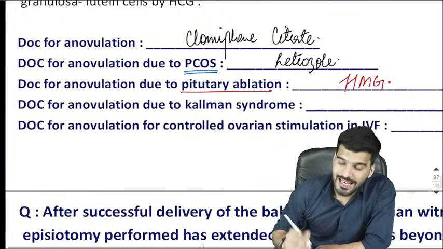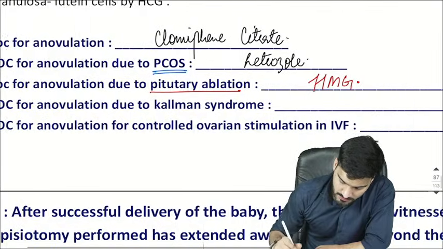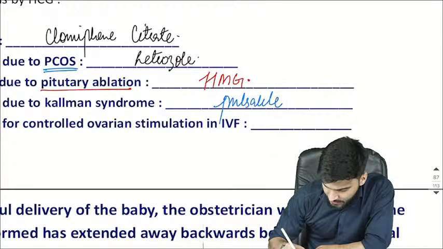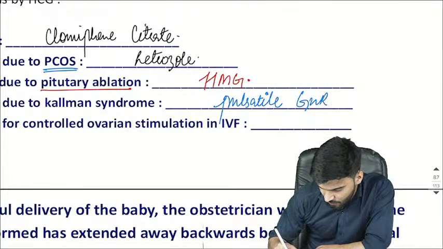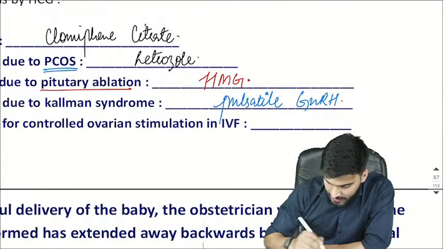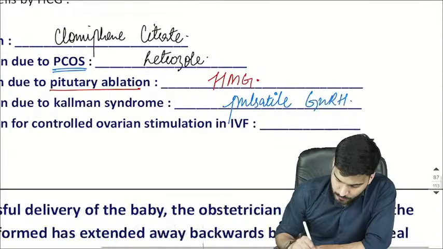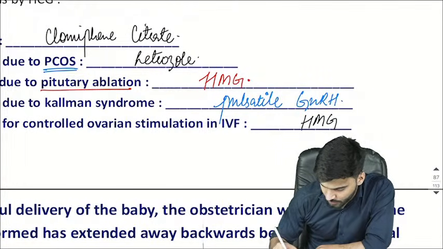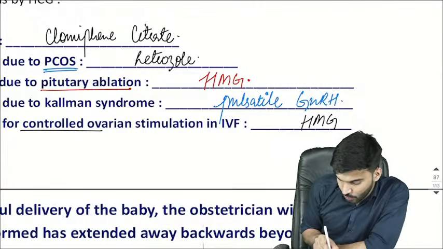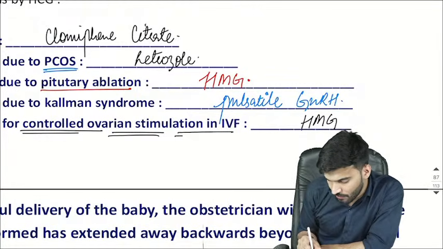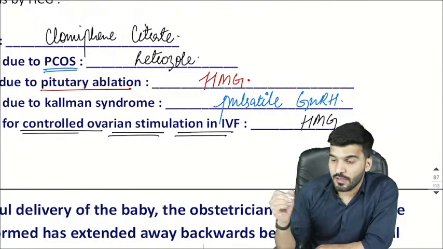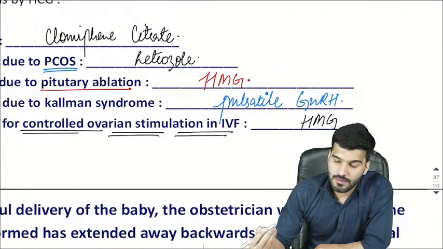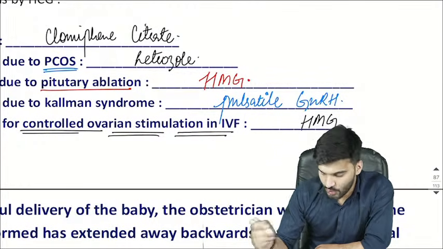If there is a hypothalamic cause due to Kallmann syndrome, we will give pulsatile GnRH. And for controlled ovarian stimulation in IVF, we give human menopausal gonadotrophin. That's what we call controlled ovarian stimulation. But if there is hyperovarian stimulation, then it is an OHSS complication.